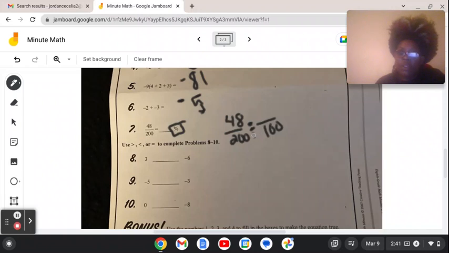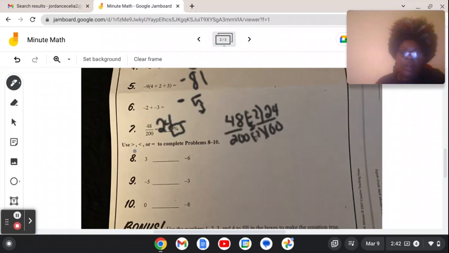I know that would be 2. Whatever you do for the denominator, you must do for the numerator in order for this fraction to equal that fraction. 48 divided by 2 is 24. So the percent here would be 24%.